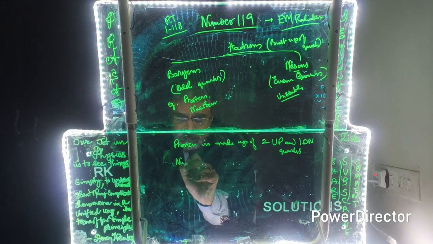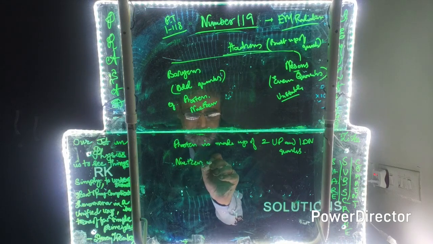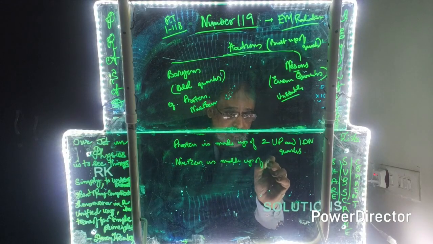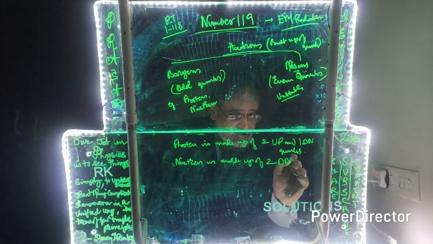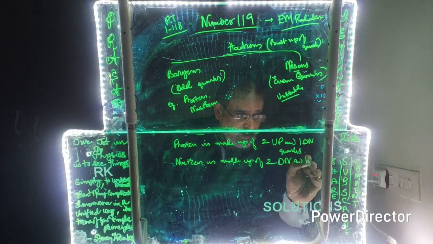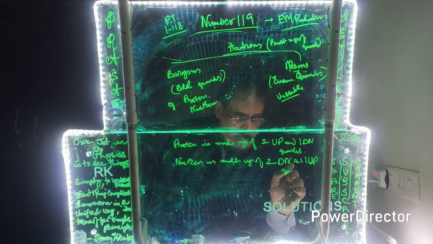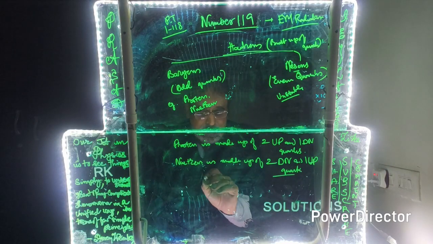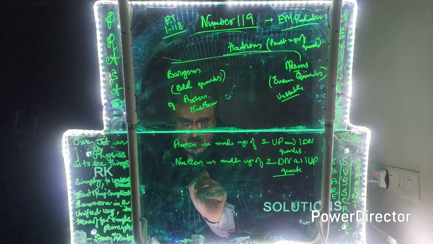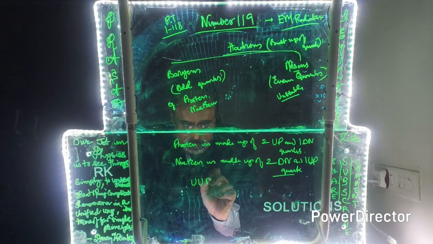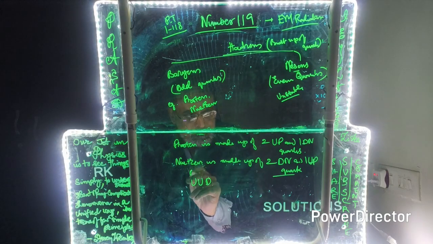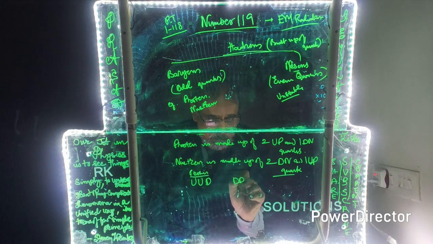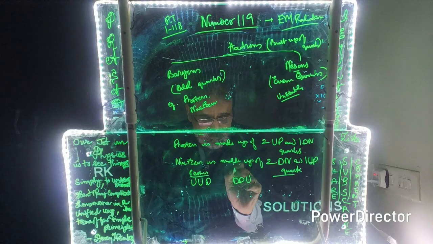Neutron, on the other hand, is made up of two down quarks and one up quark. You know that, right? So up, up, down is proton. Down, down, up is neutron.